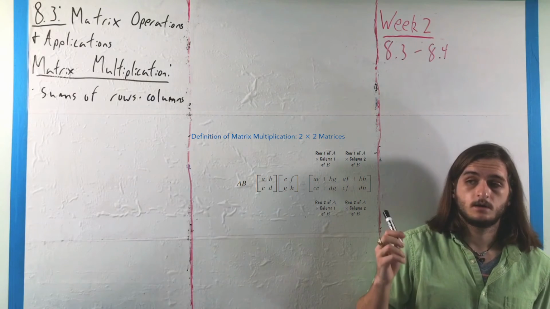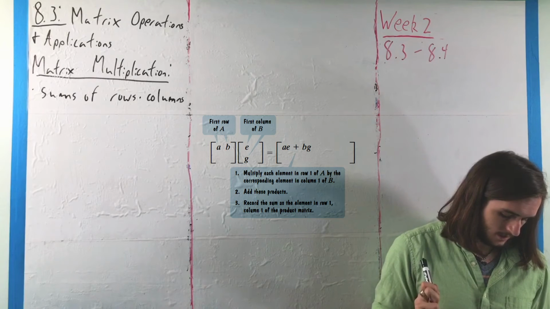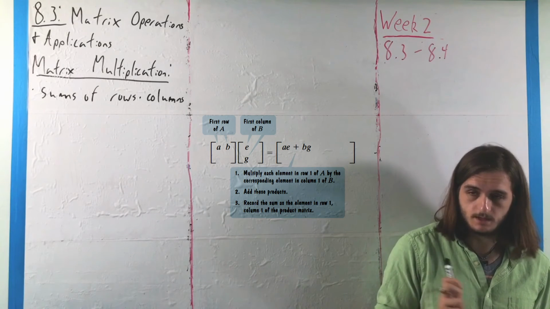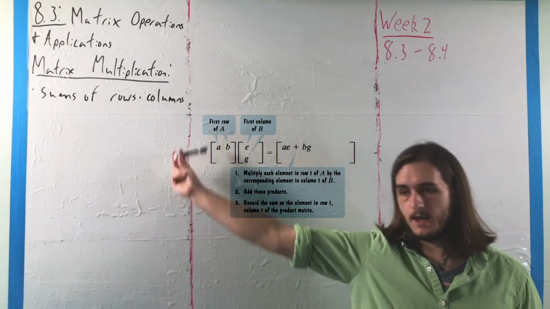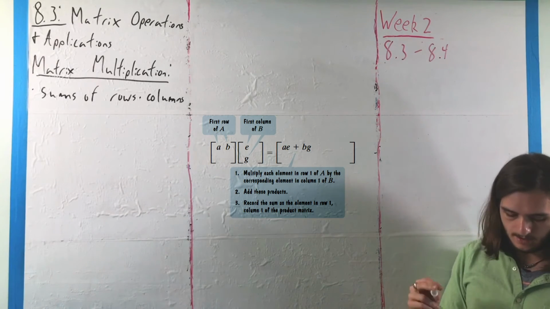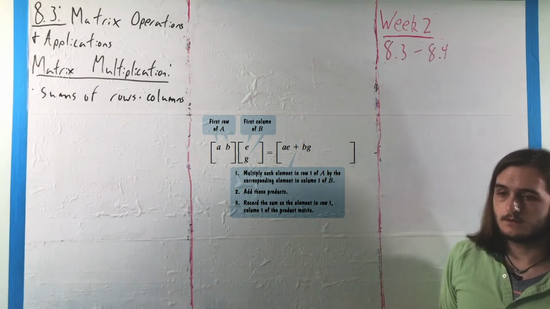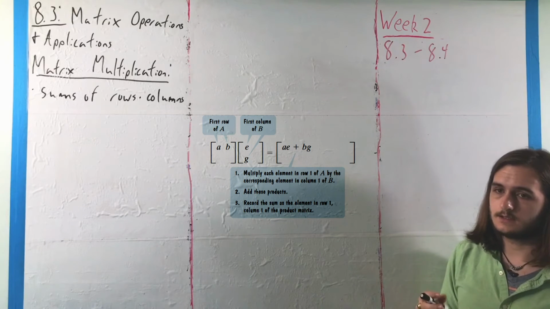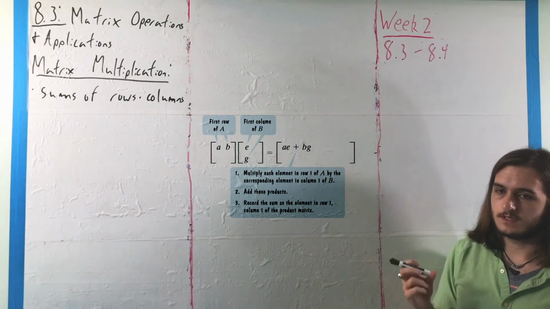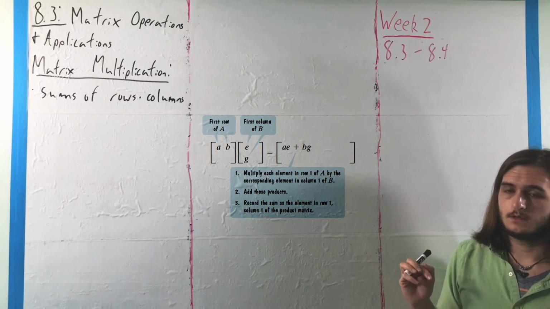But say for the 1, 1 position, which here has AE plus BG in the multiplication, what we do is we take the row from A, which is AB, and the first column from B, which is EG. We look at those to get our 1, 1 position in the product.